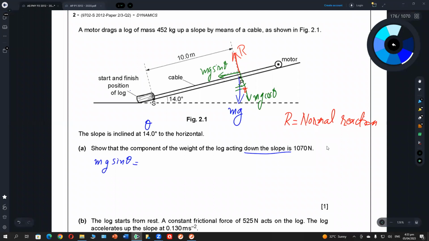What is m? 450 kg. g will be 9.81, and be careful, the calculator must be in degree mode. It will be a serious error if it is not in degree mode.